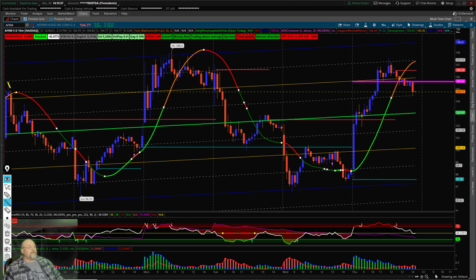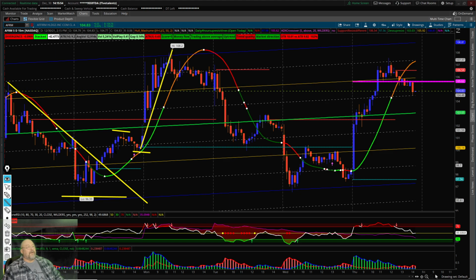You have your trend coming in here. It broke the trend above the SMA, higher high right here, higher low down here. You get in, boom, rip, easy money.